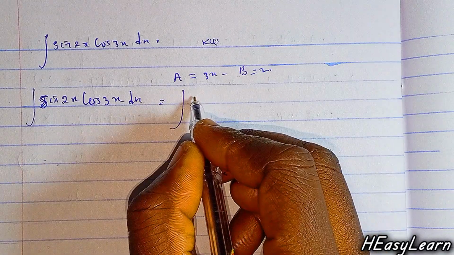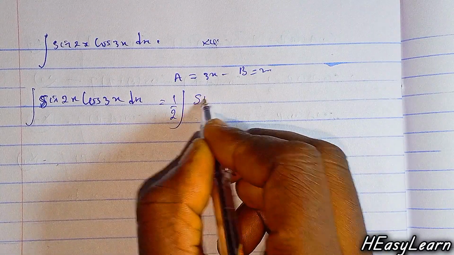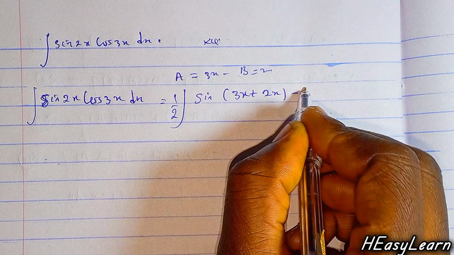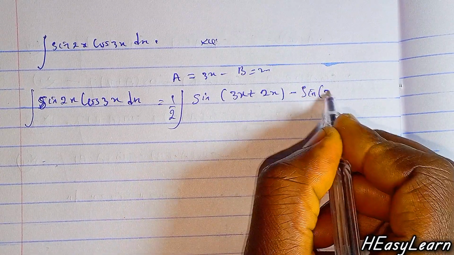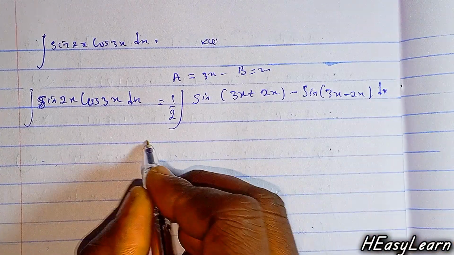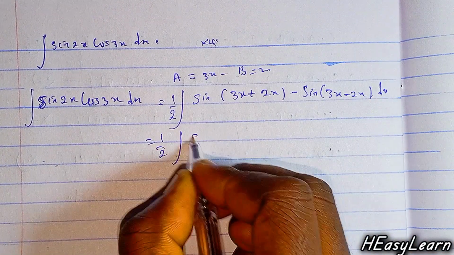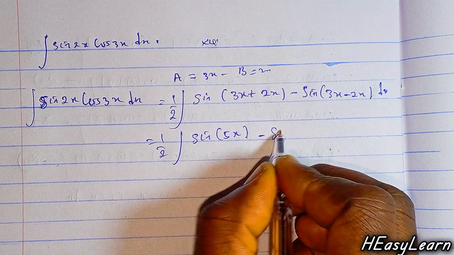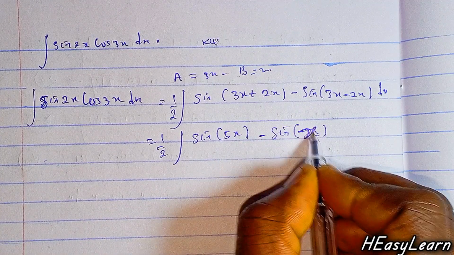This is the integral of a half, sin(3x plus 2x) minus sin(3x minus 2x), dx. This is the same thing as 1/2 the integral of sin 5x minus sin x dx.